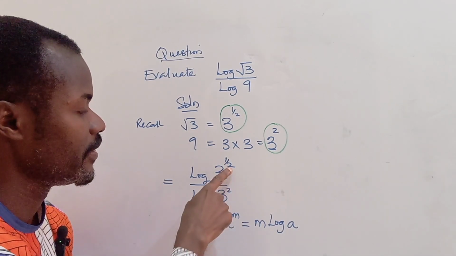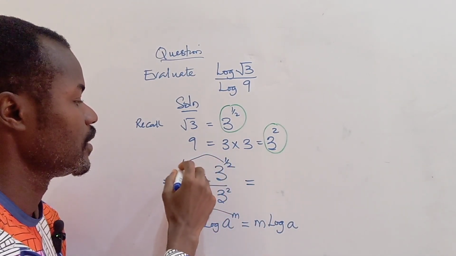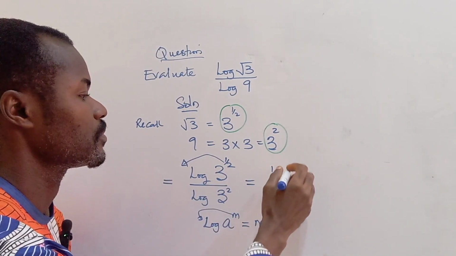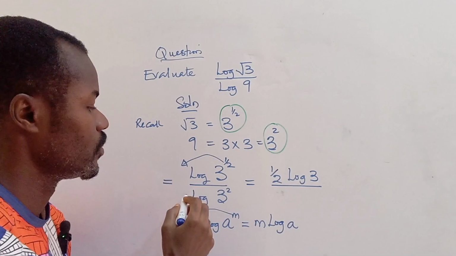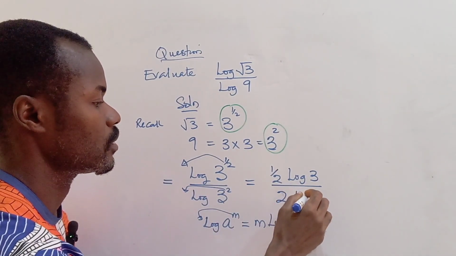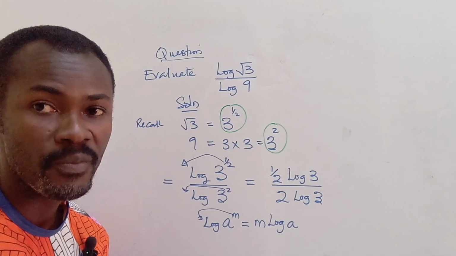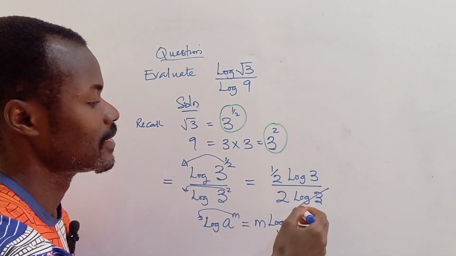Since we have powers here, we apply it. So the half comes down, giving half log 3, divided by 2 log 3. From this, we can see that the log 3 can cancel out.